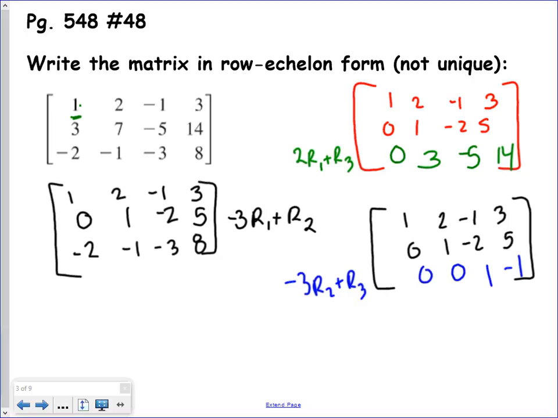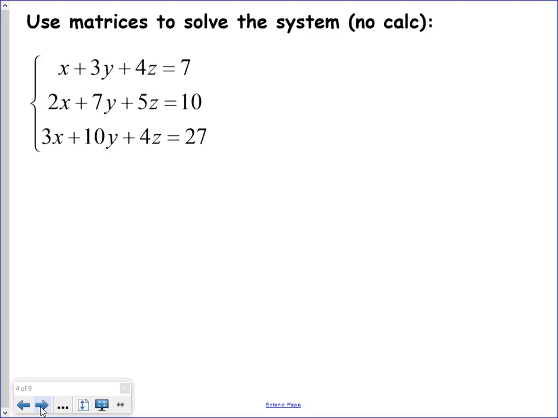Okay, so now we're going to put this to use with the natural system. On your quiz, problem set, etc., I will give you a linear system. This one is in 3 variables. Looks like x plus 3y plus 4z equals 7. 2x plus 7y plus 5z equals 10. 3x plus 10y plus 4z equals 27.